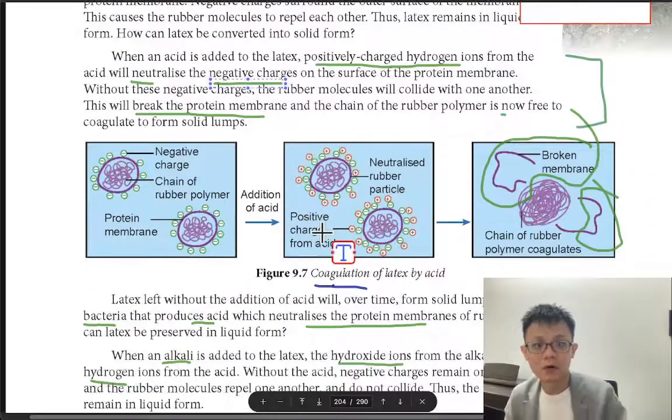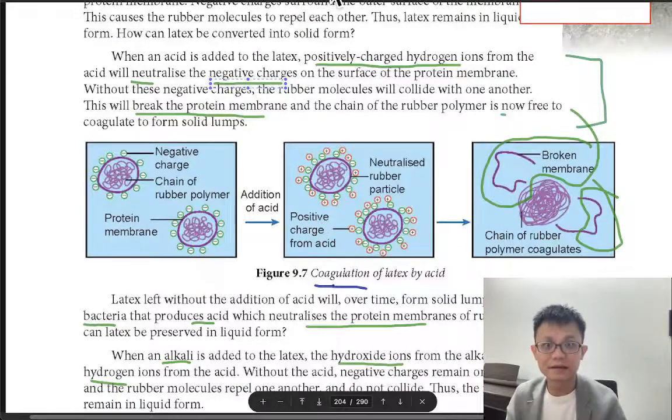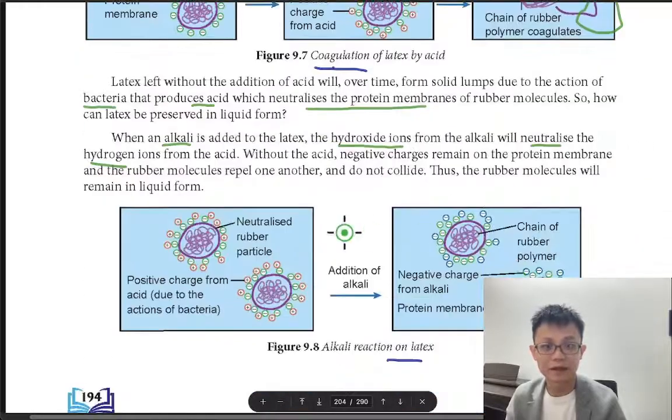So more acid in this picture will neutralize and break the membrane. And if you put hydroxide ion, it will neutralize the hydrogen ion. So eventually it will cause the membrane to become round again because of this negative ion.